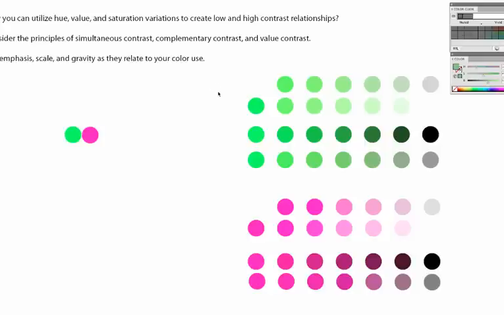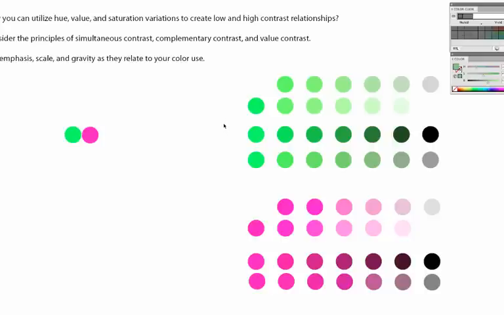Of course, you won't find a low contrast of hue in this case because we're only working with complementary hues. So we're always going to get a high contrast of hue. We'll look at a lower contrast of hue when we're dealing with the split complementary harmony.